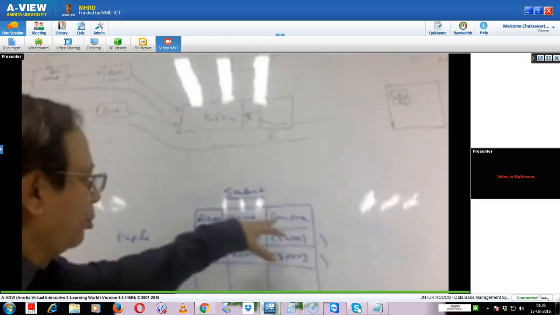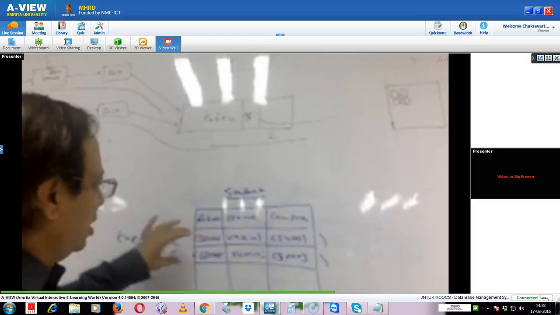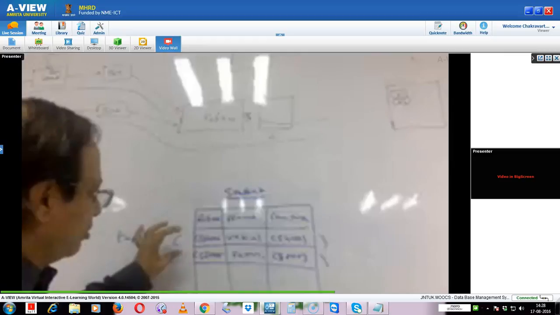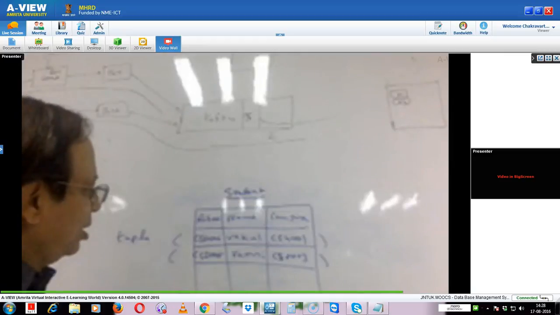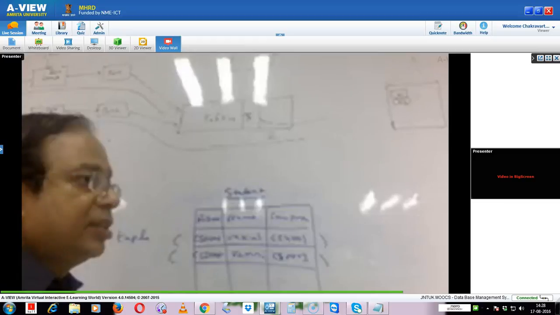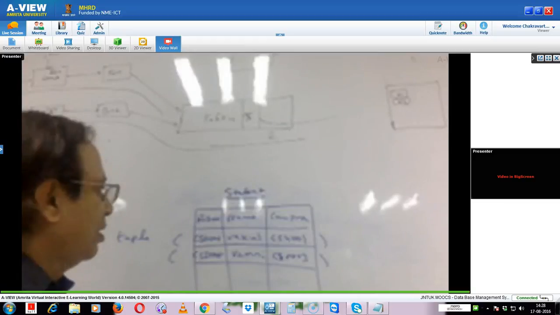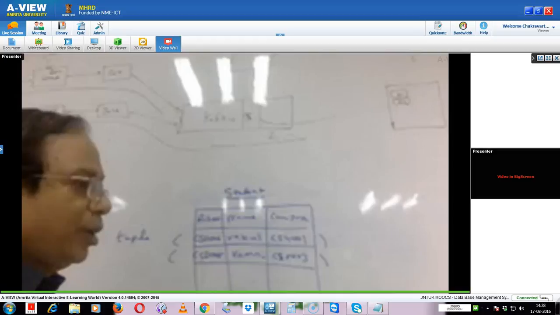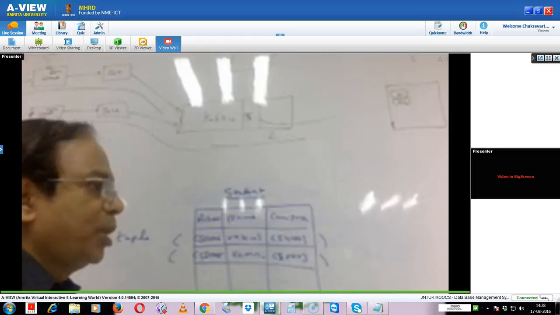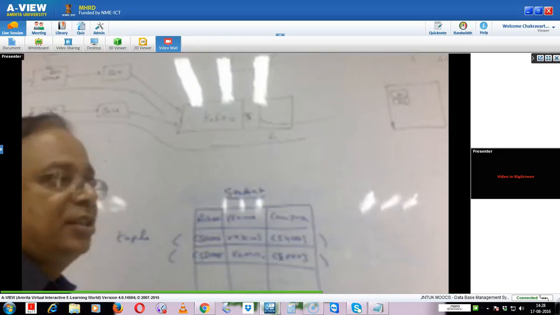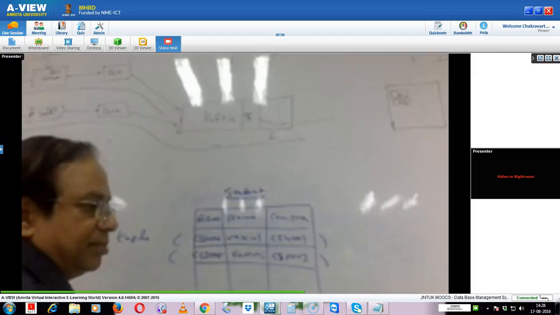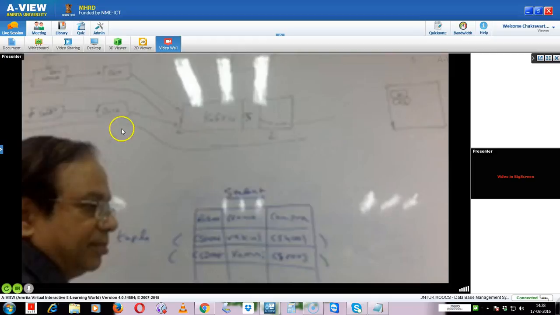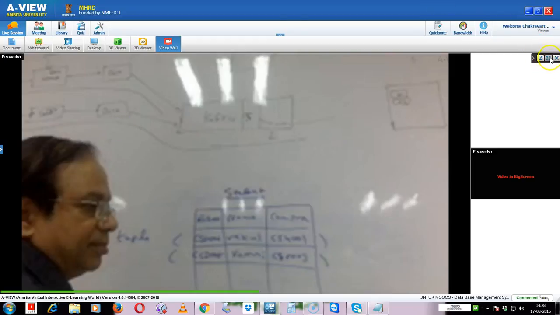The table name and the attributes are nothing but the column names, and the instances of the relation are the tuples. Since we are saying that this is a set, we are not going to allow duplicates in this particular relation. There should be a unique way to identify each of these rows.